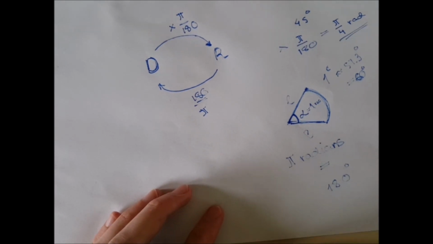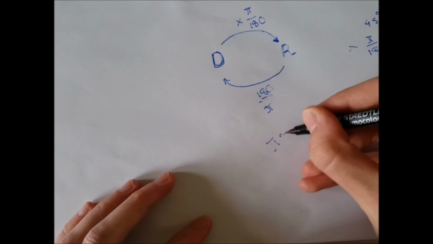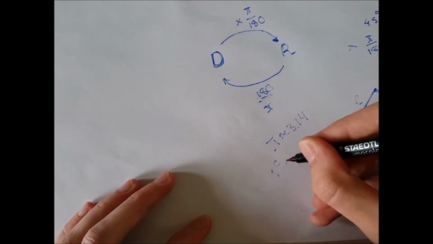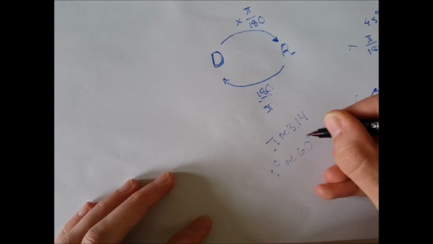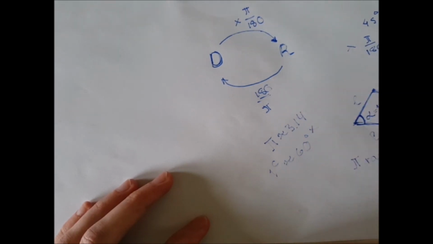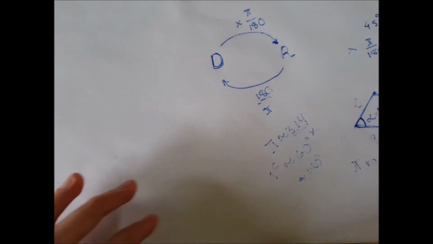You can see it because you know that pi is approximately 3.14, and 1 radian is roughly 60 degrees or a little bit less. If we multiply 57.3 by 3.14, we roughly get 180 degrees. So this is how we use radians and how we convert them to degrees.